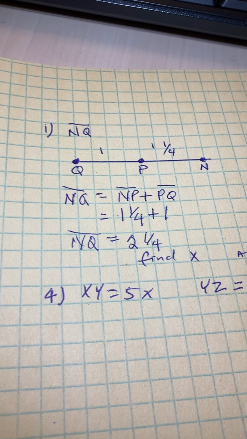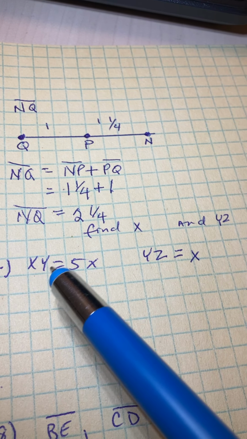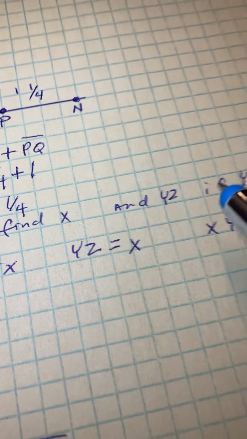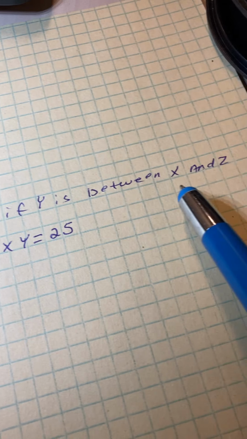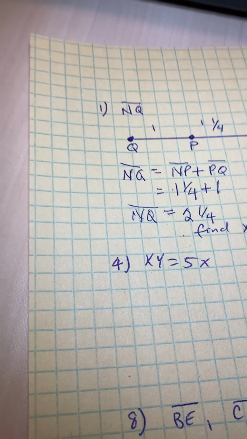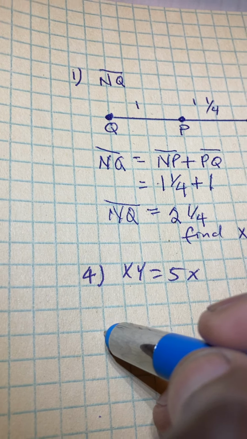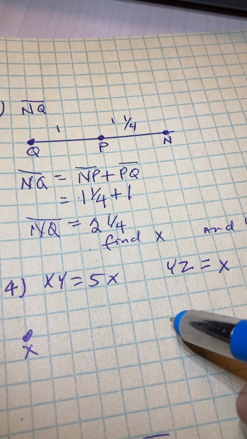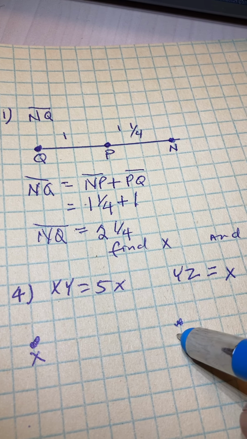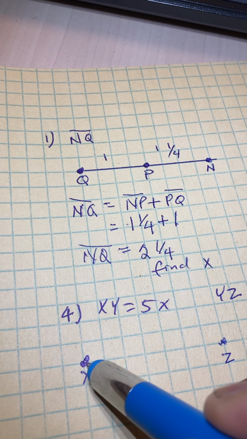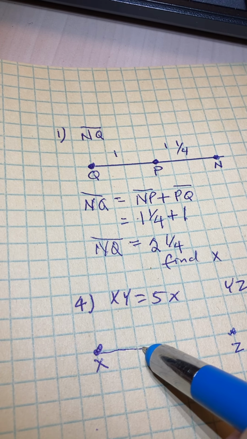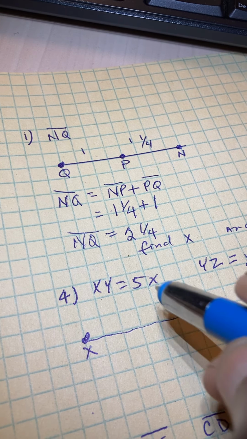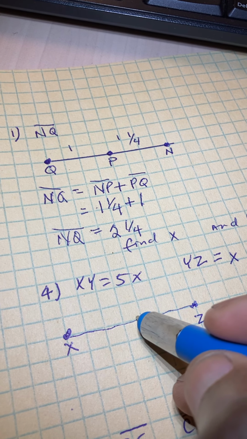Okay, let me do number 4 as an example. It says find the value of X and the value of YZ if Y is between X and Z. So what I'm going to do is create a line segment, XZ, and I'm going to put Y in the middle because it said Y is in between.